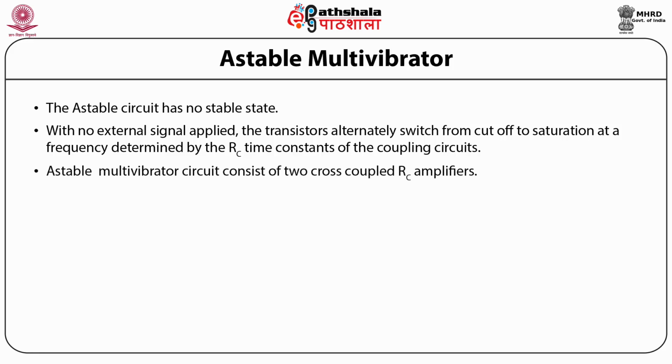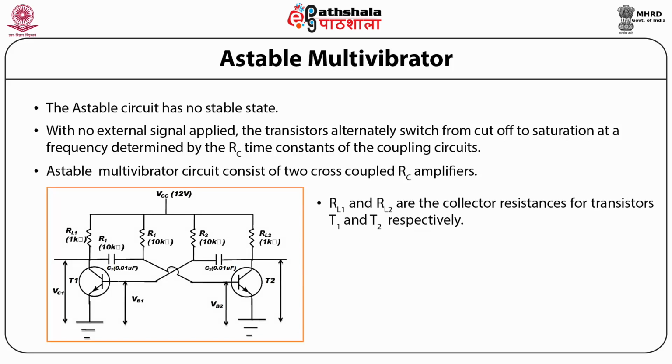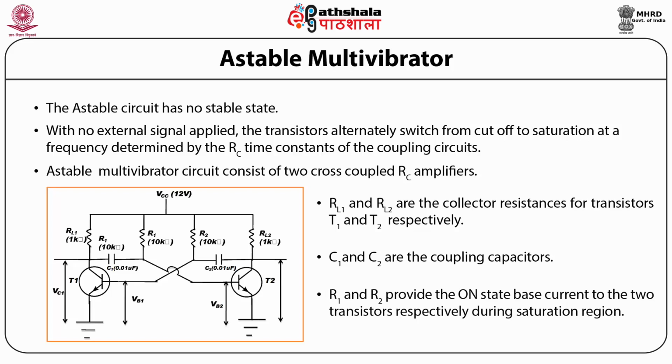Here, the astable multivibrator circuit consists of two cross-coupled RC amplifiers as shown in this figure. Here RL1 and RL2 are the collector resistances for transistors T1 and T2 respectively. C1 and C2 are the coupling capacitors. R1 and R2 provide the on-state base current to the two transistors respectively during saturation region.